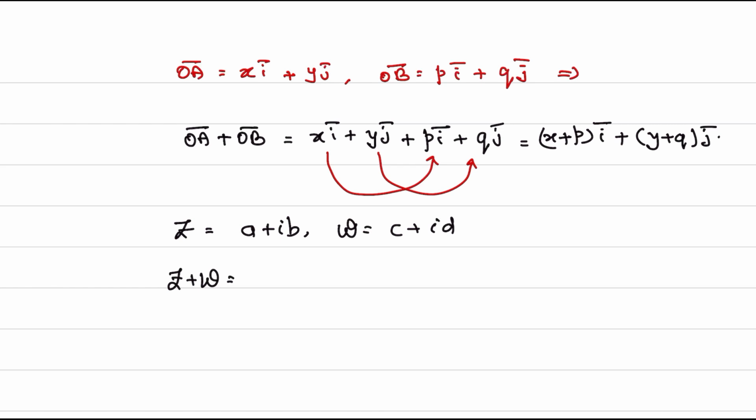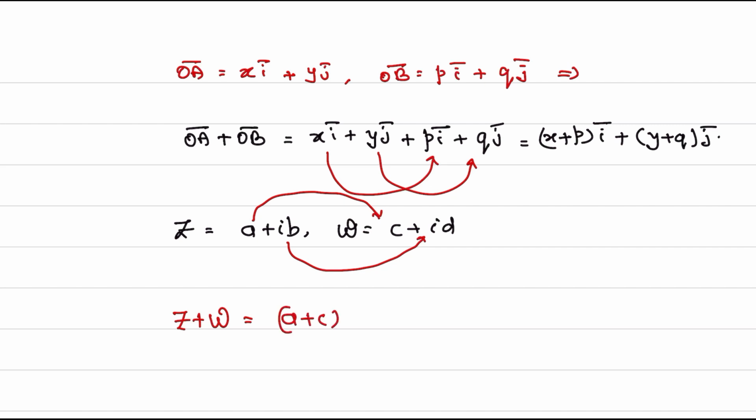We have to add real numbers separately and we have to add the imaginary numbers separately. That means Z plus W is (A plus C) plus i into (B plus D).